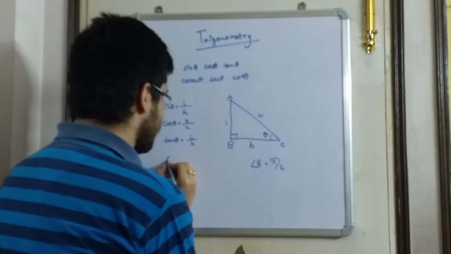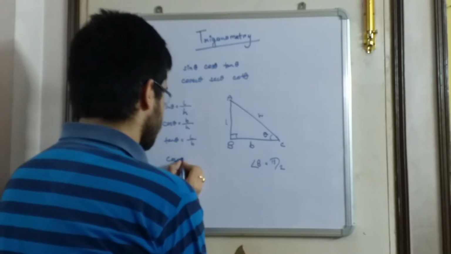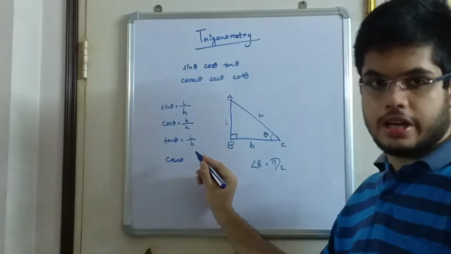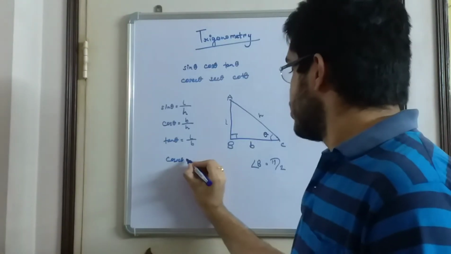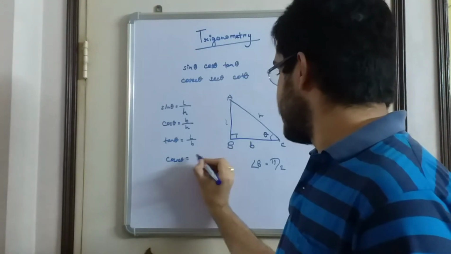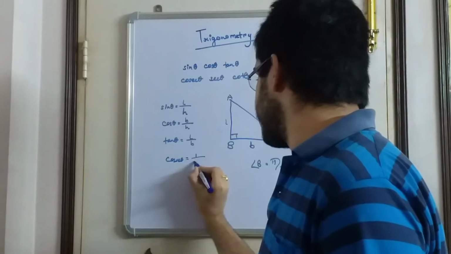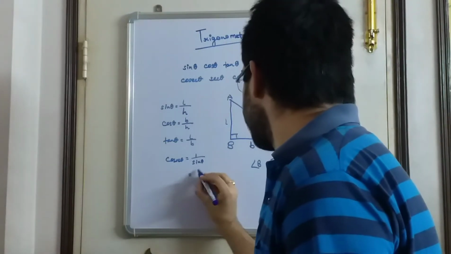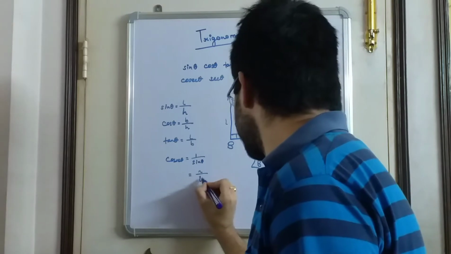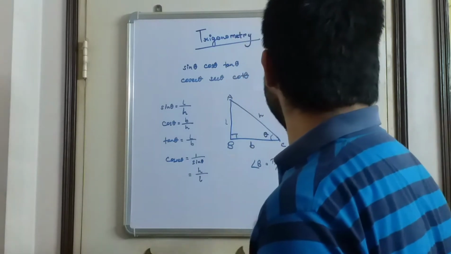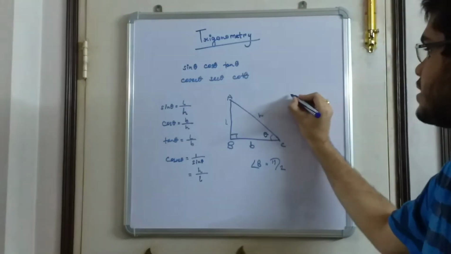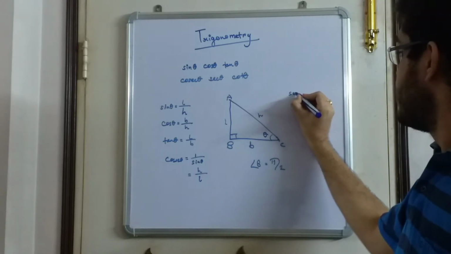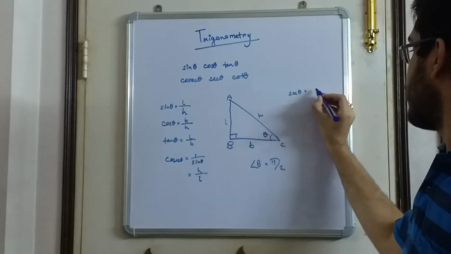And now cosec theta. I hope you are able to see cosec theta. So cosec theta, this is actually the reciprocal of sine theta. So what will be cosec theta? Cosec theta will be H by L. Now sec theta. Sec theta is the reciprocal of cos theta.